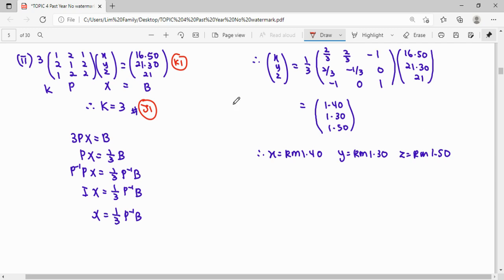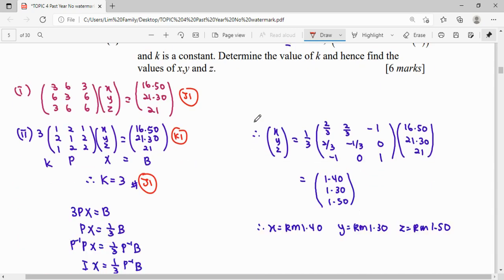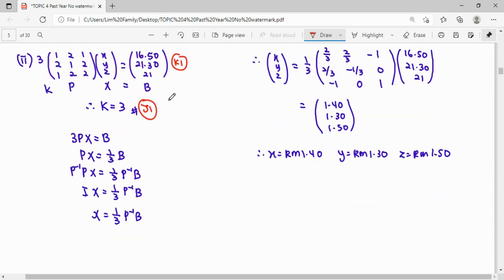Continue. For part 2 here, you will have 6 marks. Finding our X here, the inverse concept, the properties concept, is 1 mark. Then plug in our P inverse from part A without recalculating everything.